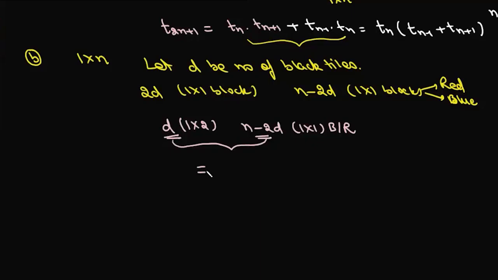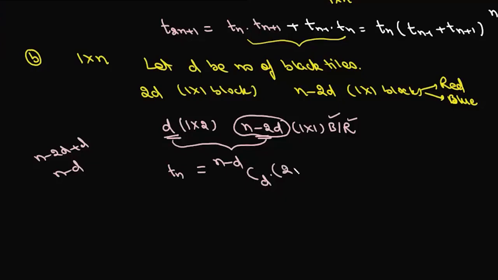The total number of tiles is n minus 2d plus d, which is n minus d, and we choose d positions for the black ones, which can be done in n minus d choose d ways. For the remaining n minus 2d tiles, we have two choices each: either a blue tile or a red tile. So for each tile we have two choices, giving 2 into 2 into 2, n minus 2d times, so it will be 2 to the power n minus 2d.